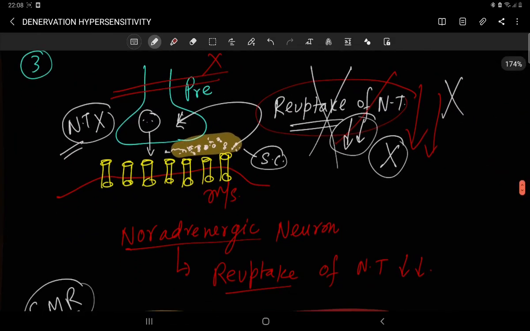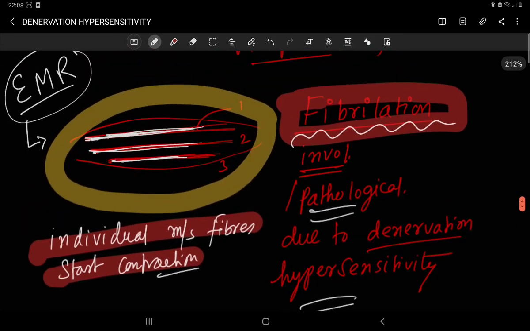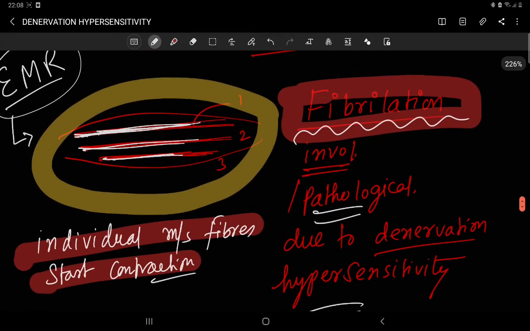And last, one effect of denervation hypersensitivity is fibrillation. What is fibrillation? Each and every muscle fiber is contracting. The muscle is not contracting as a motor unit; a single individual muscle fiber is contracting now.